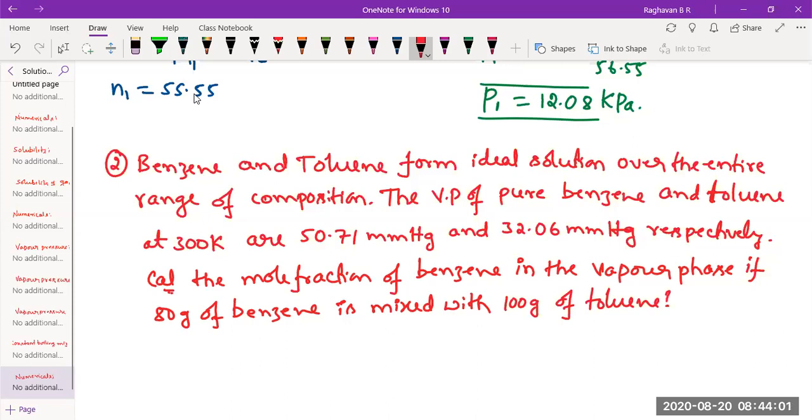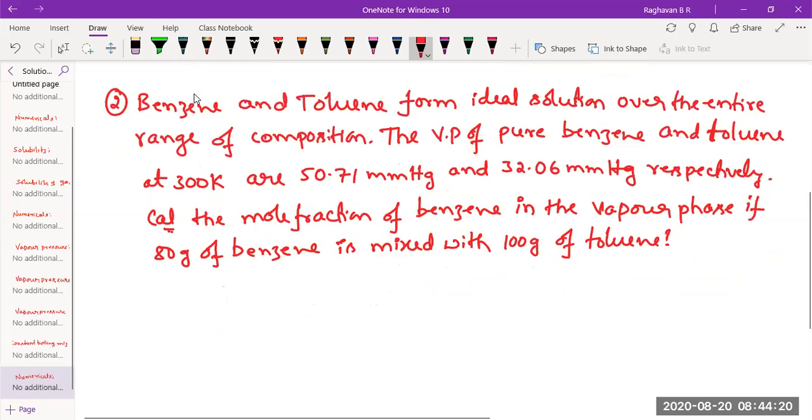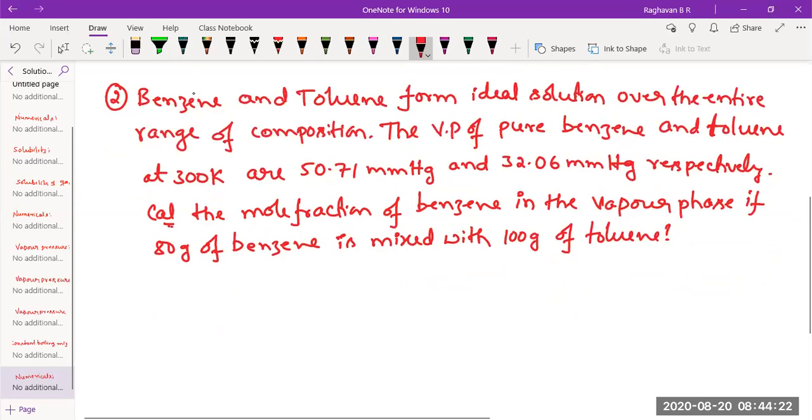Okay, that means calculate the mole fraction of benzene in the vapor phase. In the vapor phase of benzene and toluene, there are two gases. If you are going to calculate mole fraction of benzene in vapor phase, it should be Dalton's law, right? So I'll just give you the last step. From that last step, you can derive all the remaining steps required.